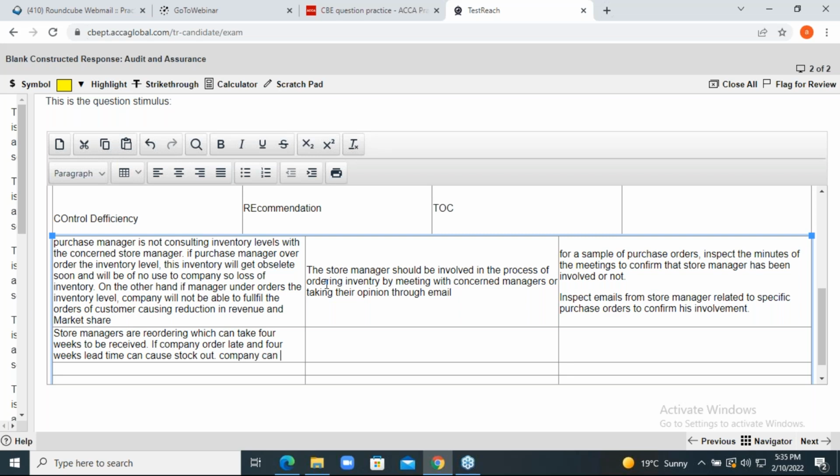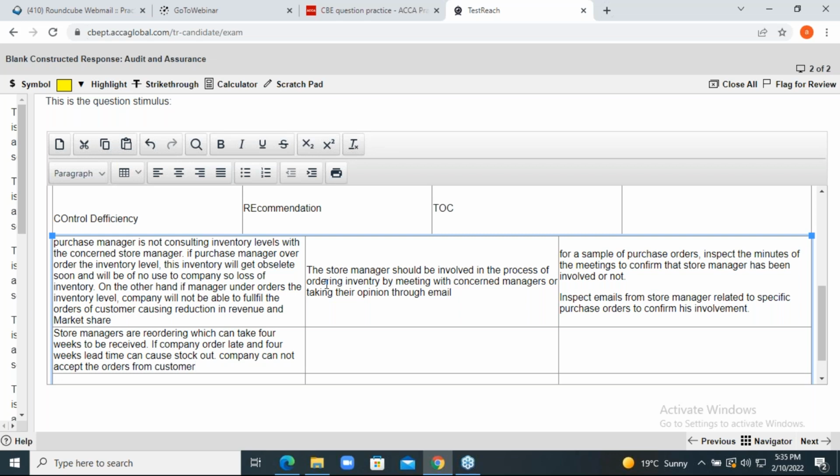Company cannot accept the orders from customers, causing a decrease in revenue. Or if we accept the order, there will be a delay in transporting the goods to the customer, because we have not even received the raw material.